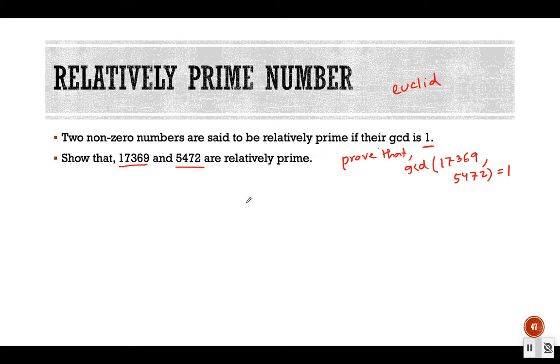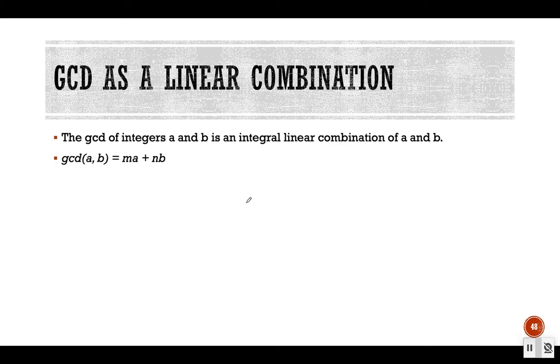Please pause the video, find the GCD of these two numbers, and see whether the GCD is 1 or not. I'll be back to this example, but before that I want to talk about some more topics and see some more examples.